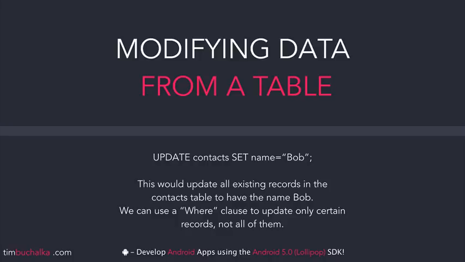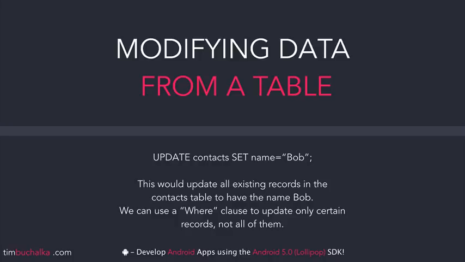And this is where the where clause comes in really handy, as we talked about on the previous page. In this case, we could say we want to update the contact's name to Bob, but we want to put a where clause in there to say where name equals Bill, for example, and that would only change the records where the name was already set to Bill.